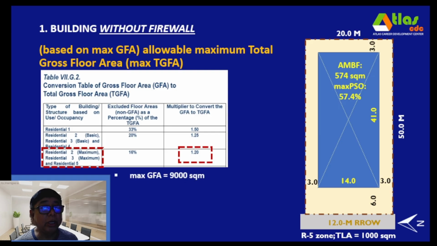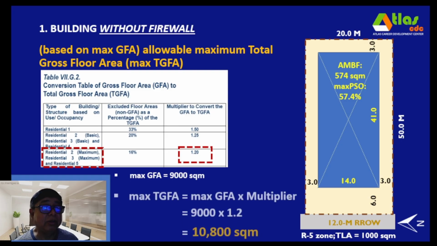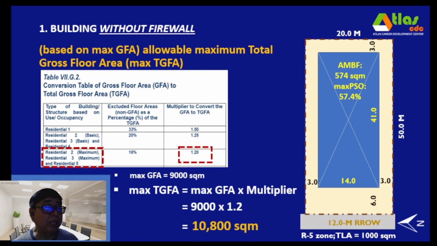So kung ano yung value natin ng maximum GFA kanina na 9,000 square meters, na-compute natin yung max GFA galing sa FLAR designated maximum, no? Tsaka TLA. Kung ano man yung maximum GFA na yan, i-multiply natin sa 1.20 na multiplier, will give you now a maximum TGFA value of 10,800 square meters.